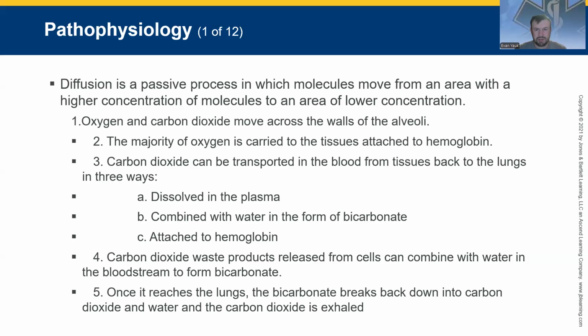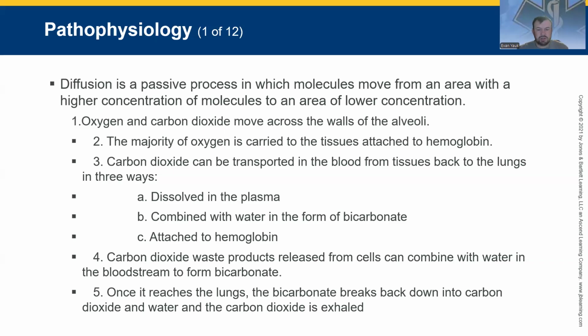The majority of oxygen is carried to the tissue attached to the hemoglobin, that red blood cell. Carbon dioxide can be transported in the blood from tissue back to the lungs in three ways. It can go dissolved in the plasma, combined with water in the form of bicarbonate, or attached to that hemoglobin. So carbon dioxide waste products released from cells can combine with water in the bloodstream and become that bicarbonate.